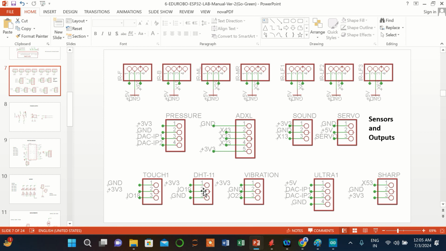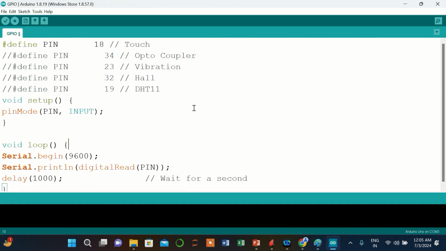So let's see that program: IO19, how will you configure it using the compiler. You can define the pin, right? Let's say you are not interested in the other pins, otherwise as you say, 18, 34, 23, 32, 19 are all the pins where we have connected the sensors.